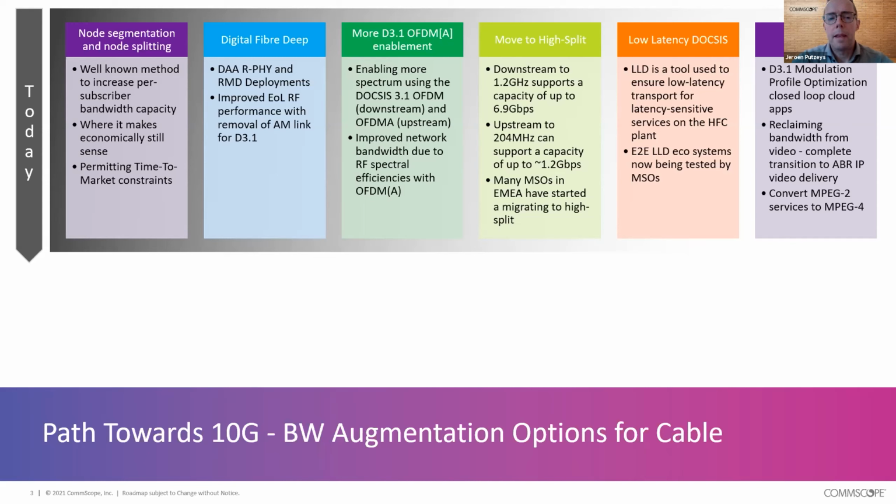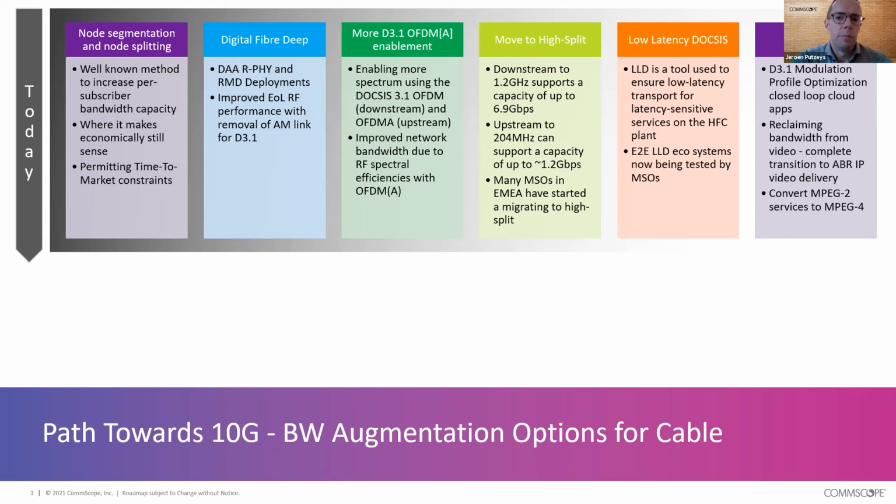So if we walk through some of these bandwidth augmentation options, I'll touch on a few. And what we're actually seeing in the market today with most customers nowadays is that when we look at node segmentation, to take one example, or node splits, these are very often happening in tandem, in combination, with deploying DAA solutions as well.